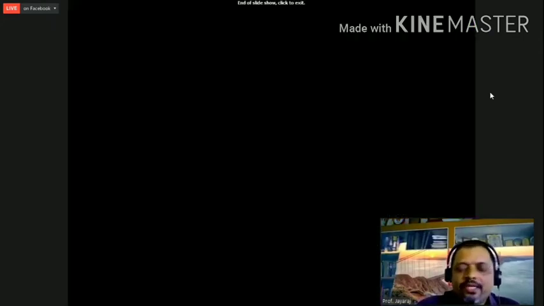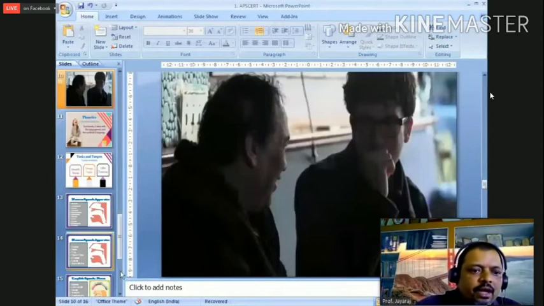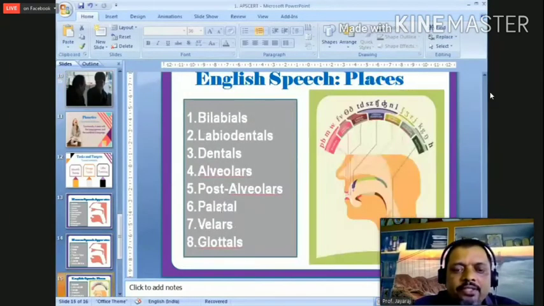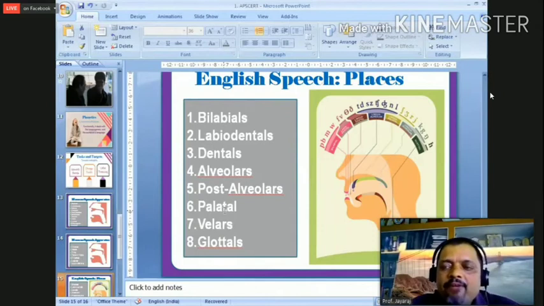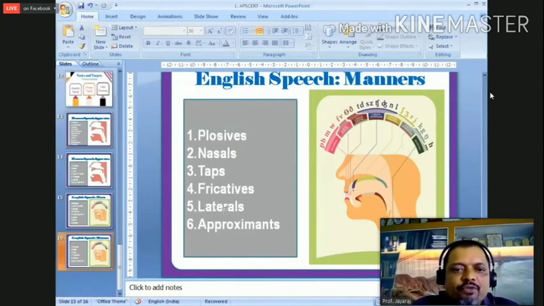So, right now, let us come to the Telugu sounds, and when it comes to the manners of articulation, we have seen the difference. We have bilabials, labiodentals, and dentals in Telugu, but when it comes to fricatives, we don't have fricative th and the, but English has th and the. Th and the are plosives in Telugu.